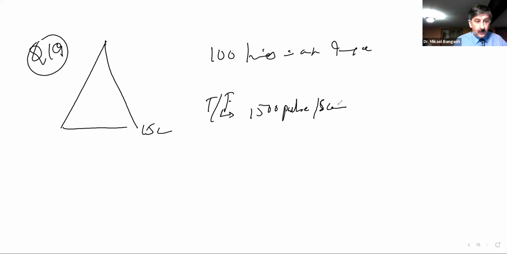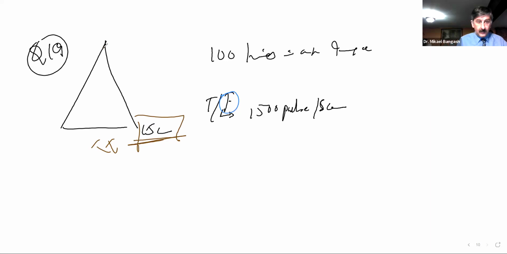Now, guys, that is false. Why? Here, your 15 centimeters is just there to throw you off, because it says 100 lines in an image.